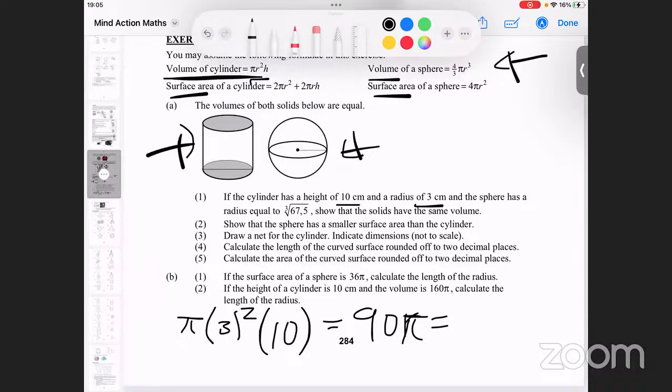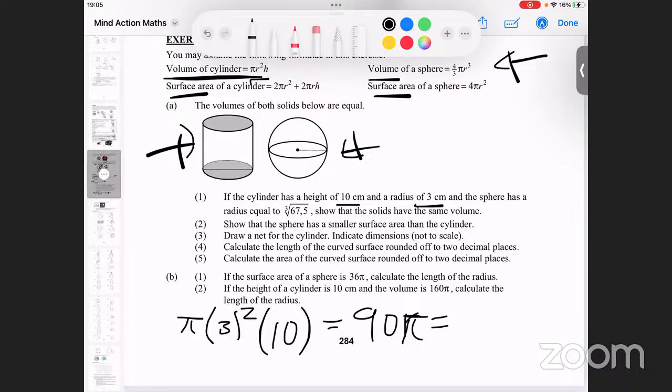And which is the same as what? It has a lot of decimals. Which is equal to 282.74333.